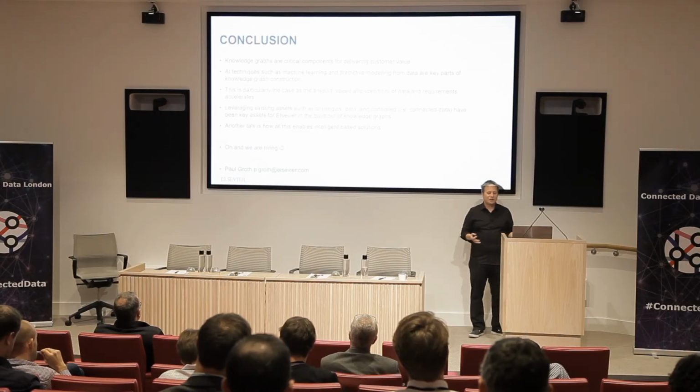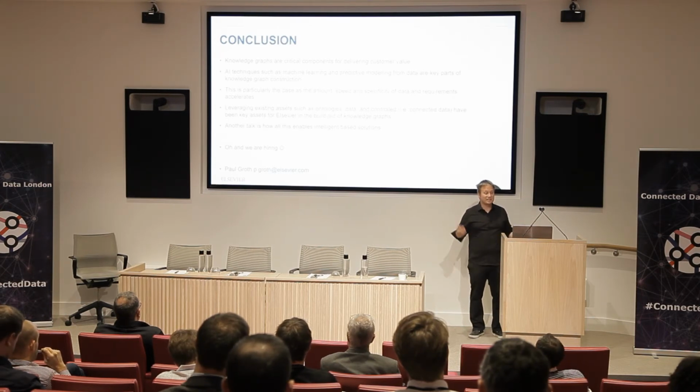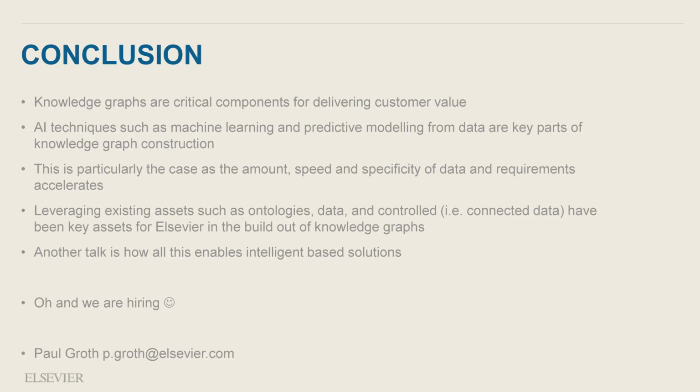So to wrap up, I think knowledge graphs are a critical component for delivering customer value. Scopus is a huge product of Elsevier. Reaxys is a huge product of Elsevier. Those are fundamentally about entities related to other entities in the world, making that kind of cohesive database.